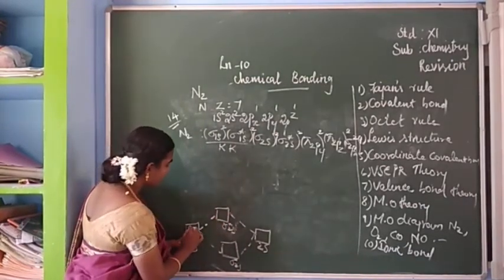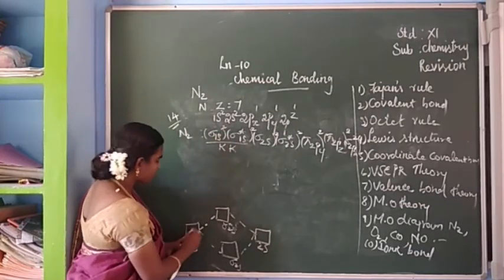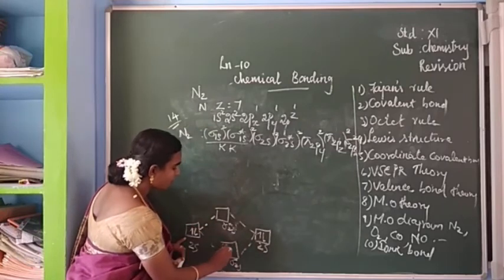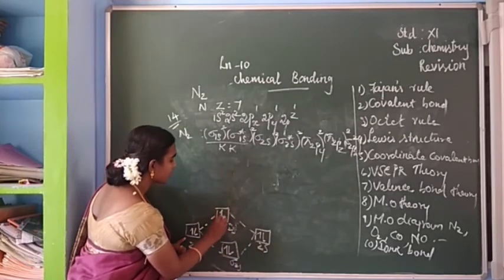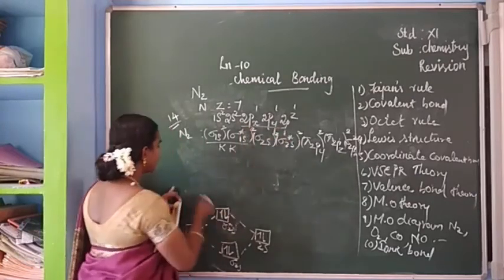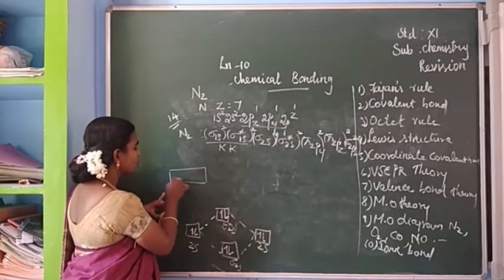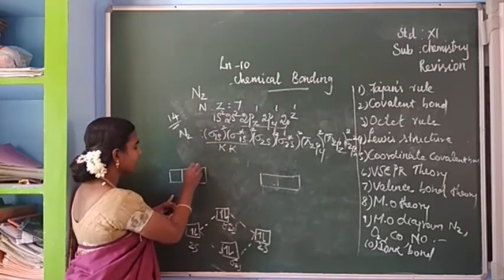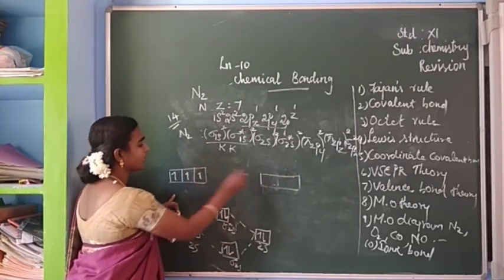Here 2s has how many electrons? 2 electrons. Here also 2 electrons. So total 4 electrons, each box gets 2 electrons. Next we have to draw for 2p, isn't it? So 2p orbitals here and here. How many electrons are there? Each box carries one electron.